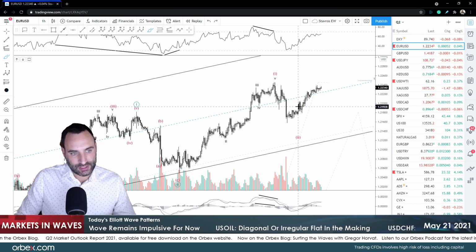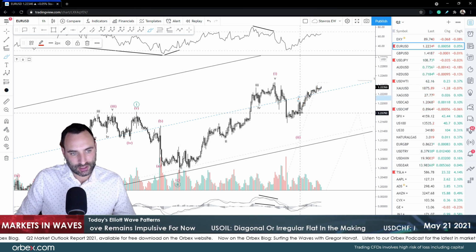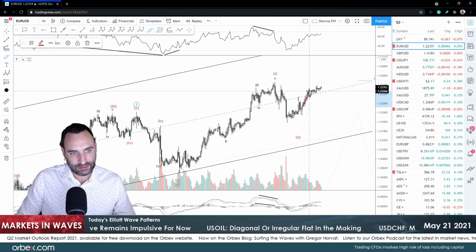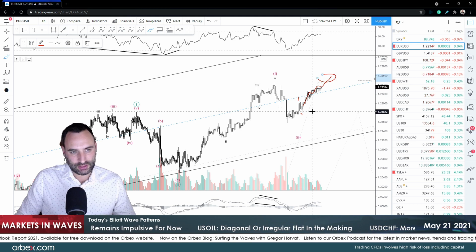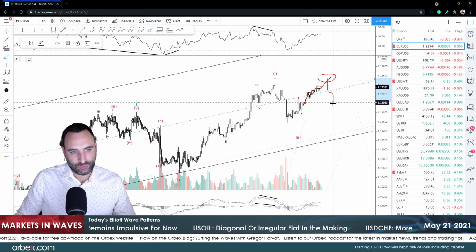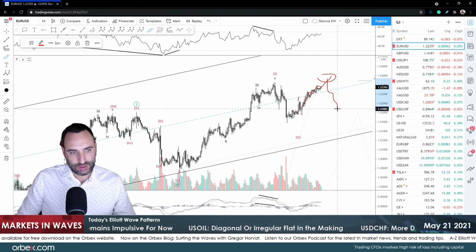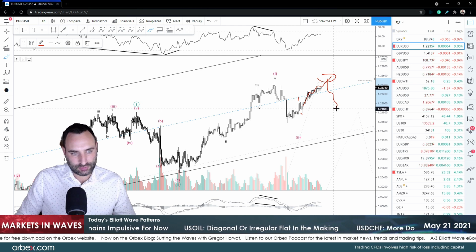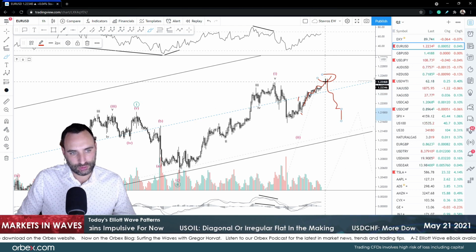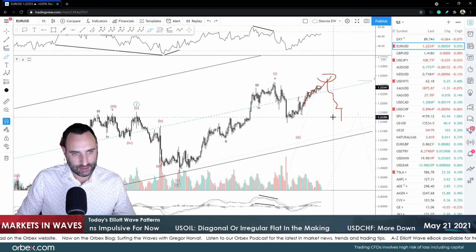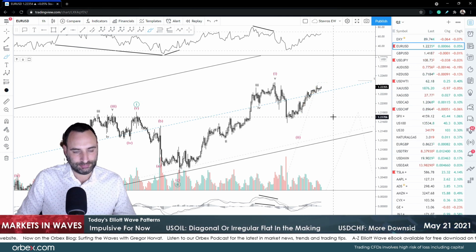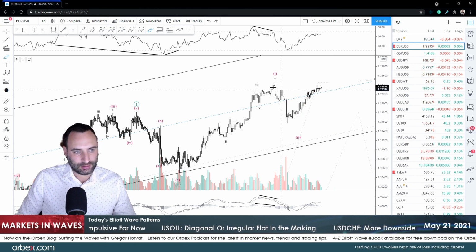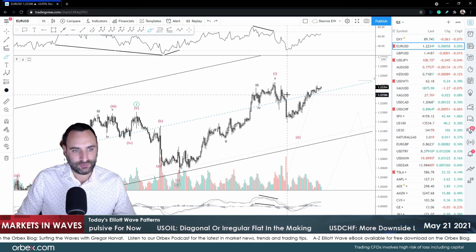Or if we take the triple zigzag scenario in play, we're going to go a bit higher up, most likely to create an irregular flat, which can have 5 waves down, either for a running flat or an expanding flat. So you look at wave 1 in this case, how long it is, to understand whether it's going to be a running flat or an expanding flat. So this is what I'm looking for in the euro dollar, guys.